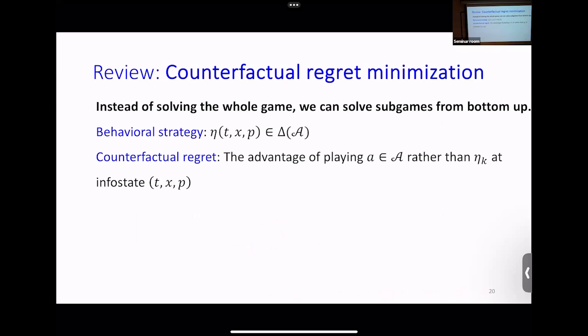And one of the most significant contributions is counterfactual regret minimization, which in simple words is the idea that instead of solving the whole game, we can actually solve sub-games from bottom up, right? If you cannot solve the whole game, you can start by solving the end game. And then once you know what you need to do at the end game, you can take one step back and say, okay, what do we do at the second to last step, right?